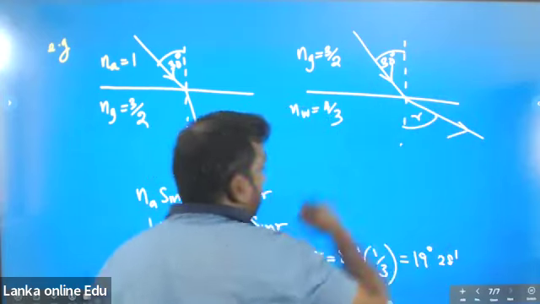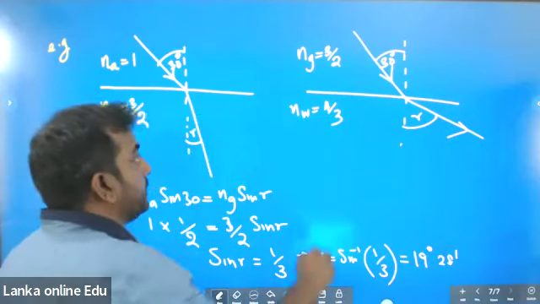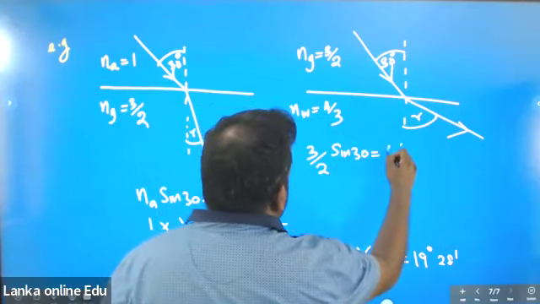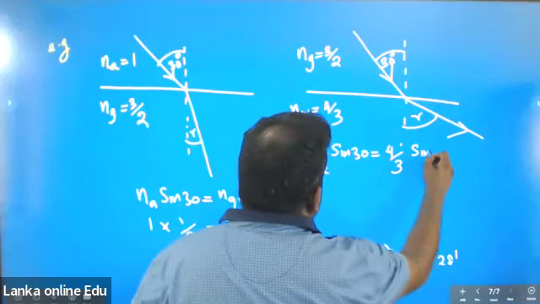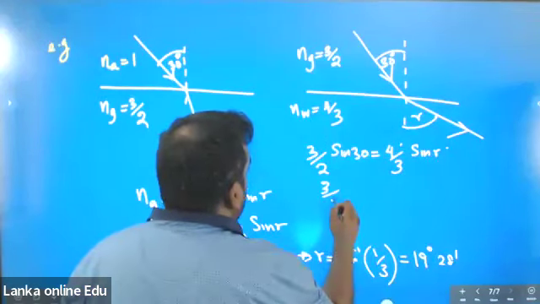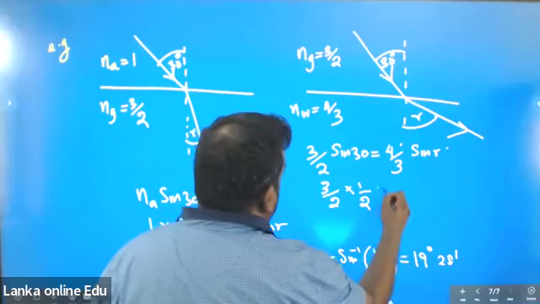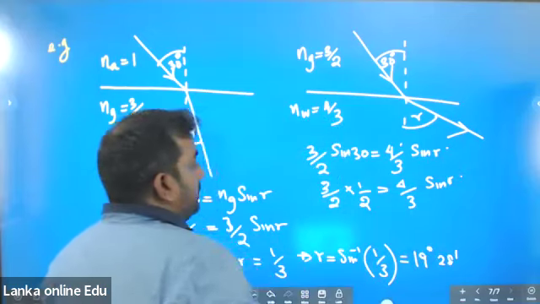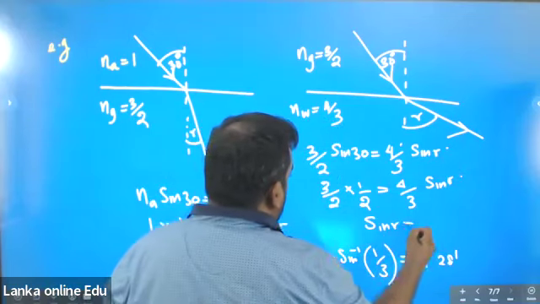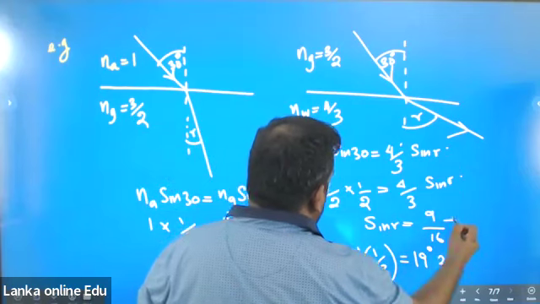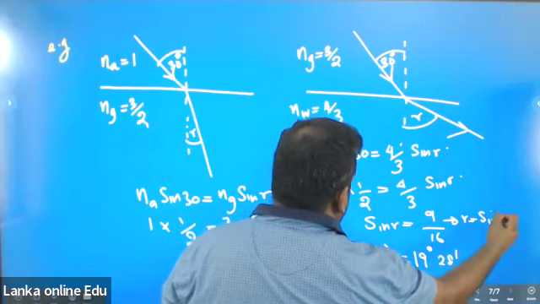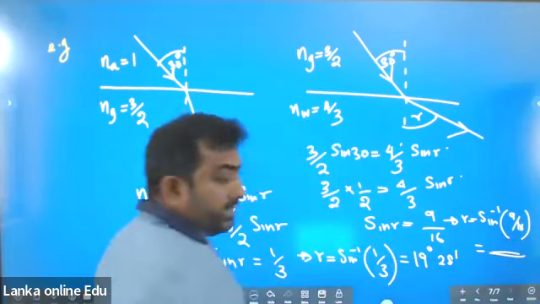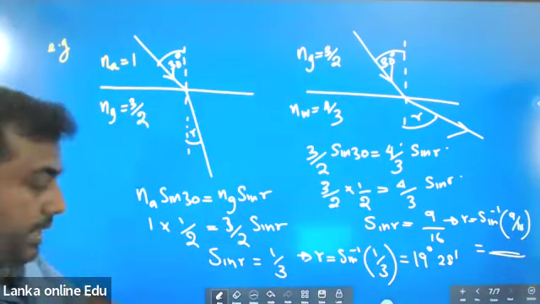How will you write this? 3 over 2 sin 30 equals 4 over 3 sin R. Sin 30 is half. Simplify this. Sin R is equal to 9 over 16. R is equal to sin inverse 9 over 16. Using the log table, you should be able to find the answer. So, write down.